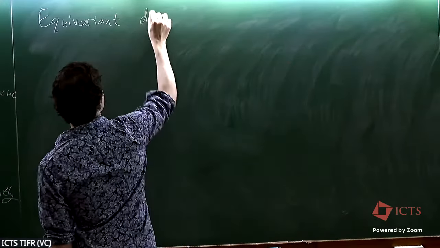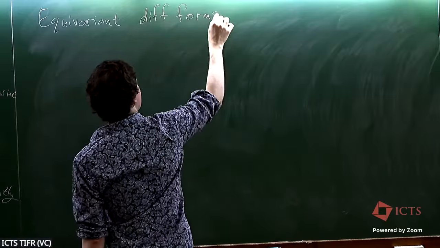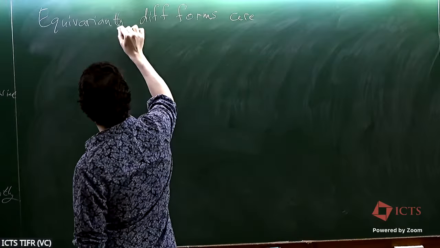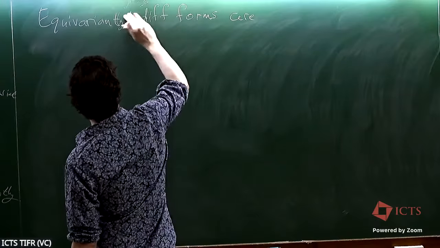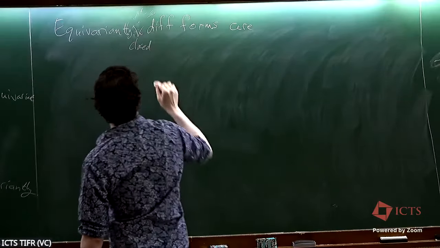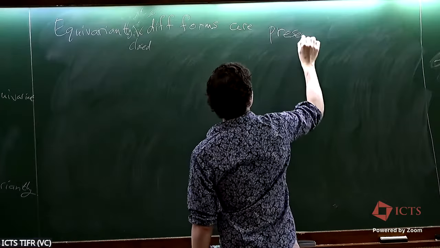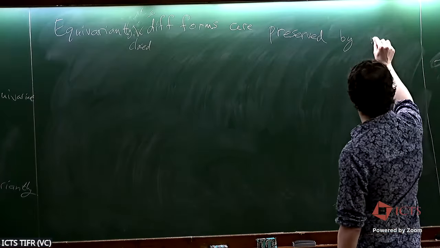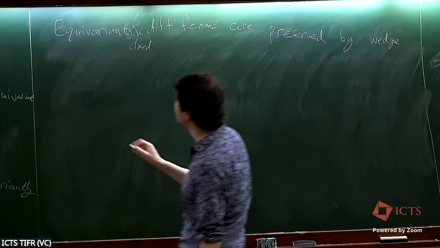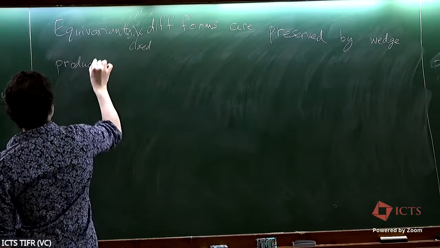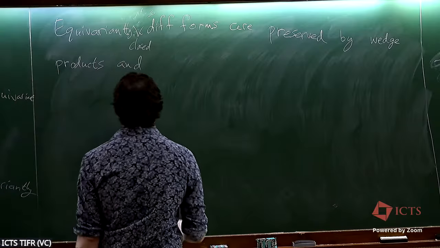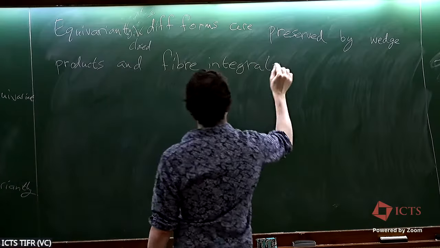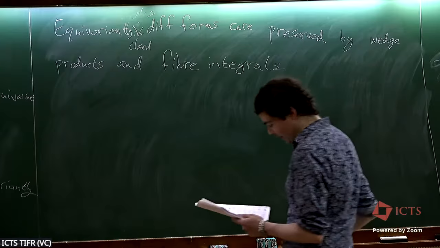These equivariantly closed differential forms are preserved by natural operations on equivariant differential forms, so by wedge products, and also fiber integrals, push forwards. These are actually the only two properties that I'll use of equivariant differential geometry. So these are quite basic properties.